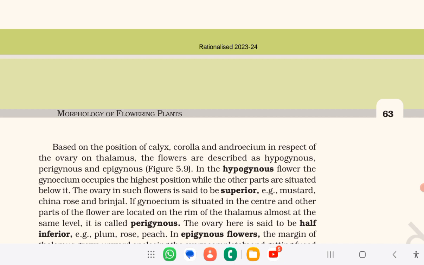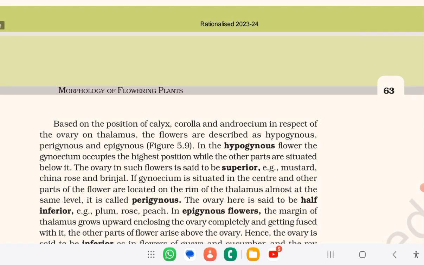The ovary in such flowers is said to be superior, for example, mustard, China rose, and brinjal. If the gynoecium is situated in the center and other parts of the flower are located on the rim of the thalamus almost at the same level, it is called perigynous. The ovary here is said to be half inferior, for example, plum, rose, peach.